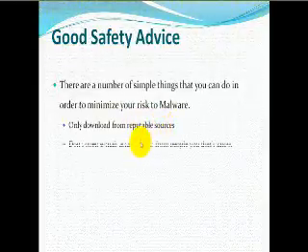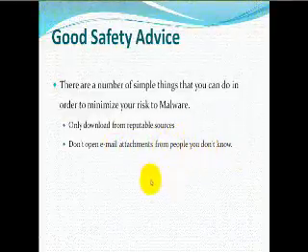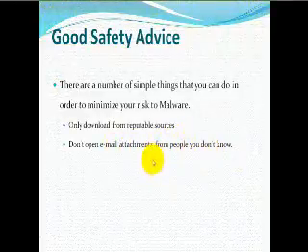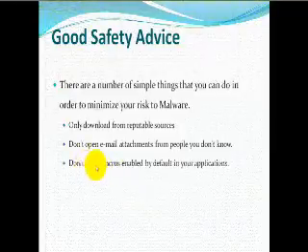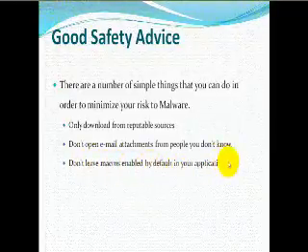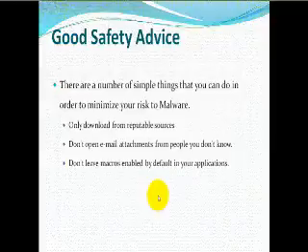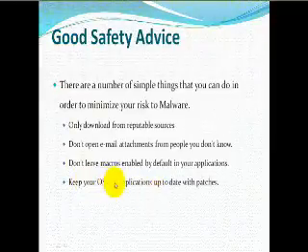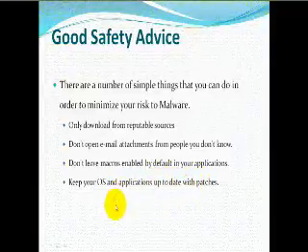You have to go for trusted sources. Second, don't open email attachments from people you don't know. Make sure the connection is trusted and the sender is trusted. Third, don't leave macros enabled by default in your applications. The fourth one, keep your OS and applications up to date with patches.